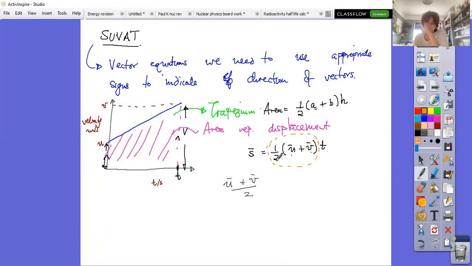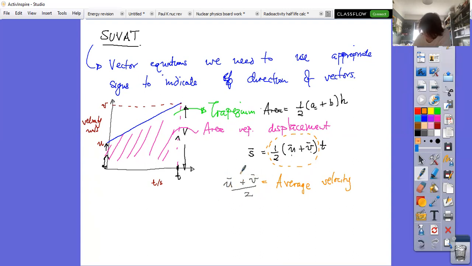Not sure? Okay, so this here represents average velocity. You add the two velocities and divide by 2. Of course, if the initial velocity is equal to the final velocity, then you have two quantities that are the same, so the average velocity would just be one constant value.